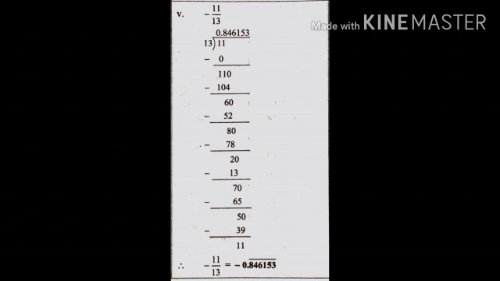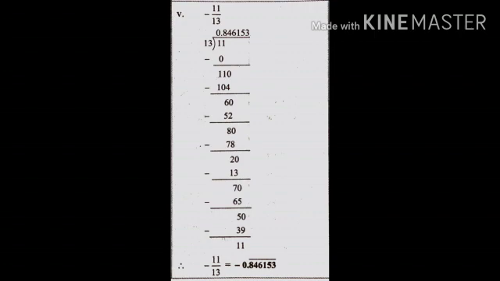In sum number 5, that is minus 11 upon 13, when we divide minus 11 by 13, after the decimal, the numbers 8, 4, 6, 1, 5, 3 are getting repeated.